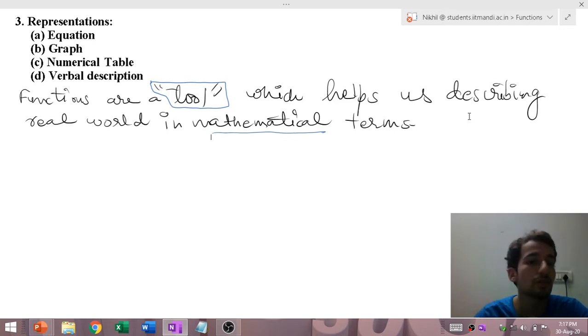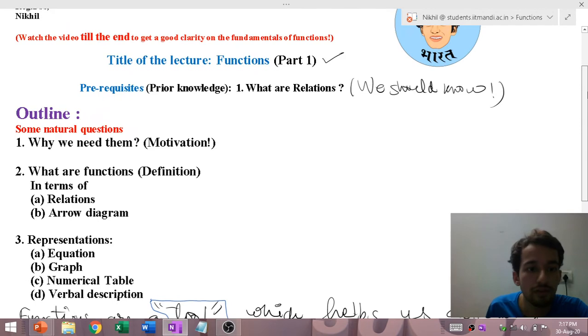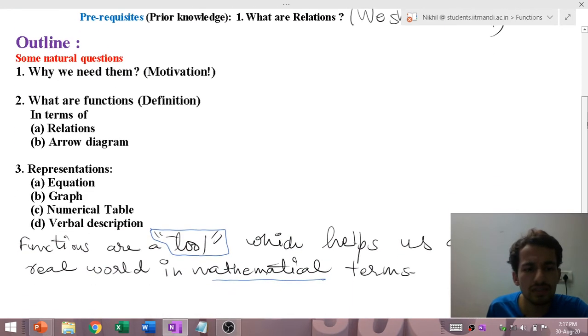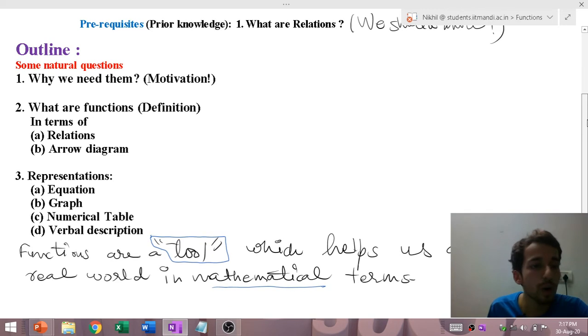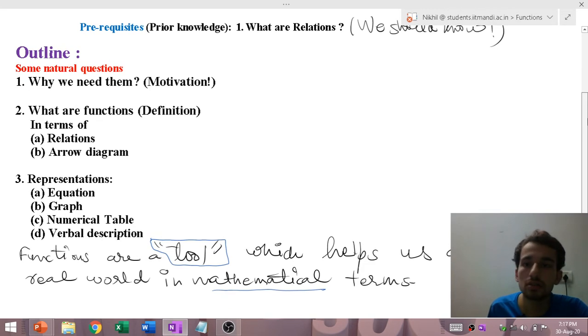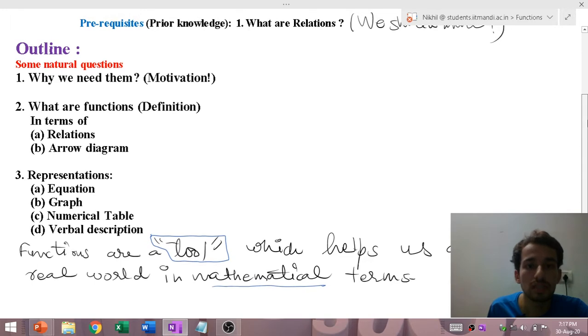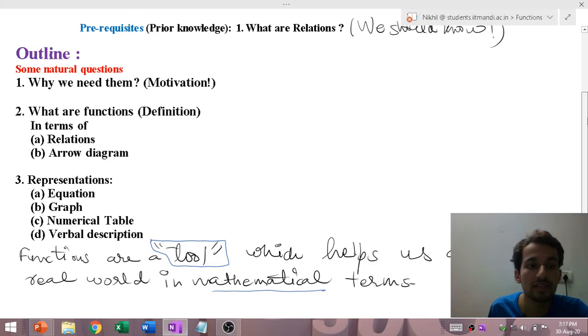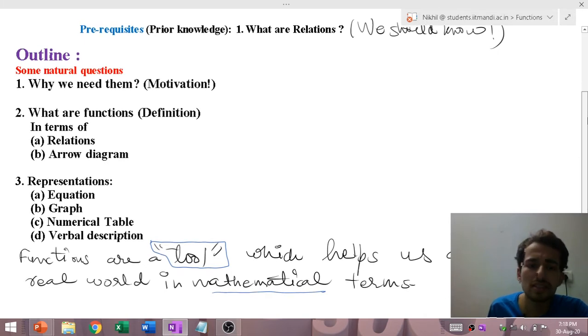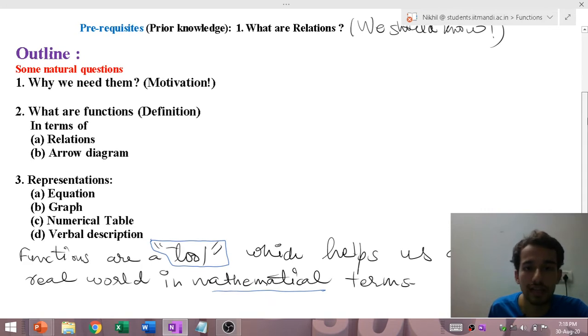And functions play a key role in helping us do so, whatever the situation. So this is just a single-line motivation, and in addition to this, there are a lot of applications of functions which you will come to know, maybe not in today's lecture but in coming lectures, when I'll be discussing some good examples based on functions. This is just a good starting point for this lecture.